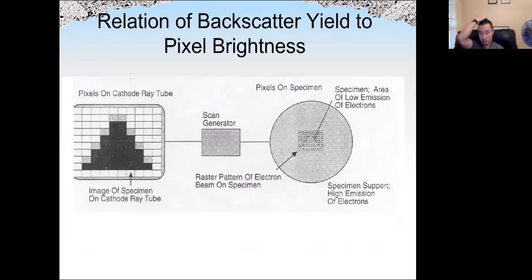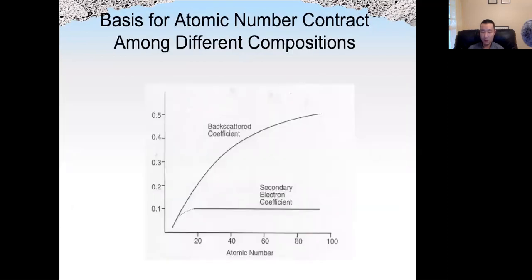And because different atoms will have different emission, from there we can have a contrast of positions on the tube. Okay, and here shows how the coefficient of backscatter electrons, which is on the y-axis, is affected by atomic number.